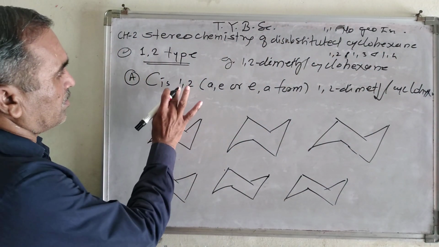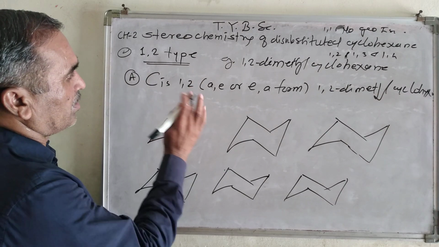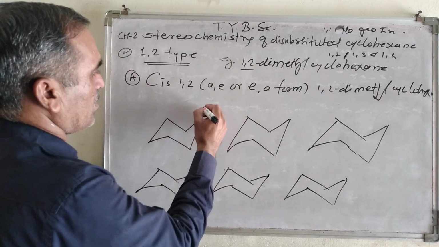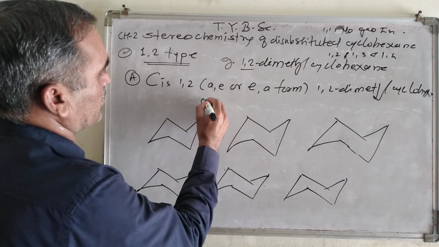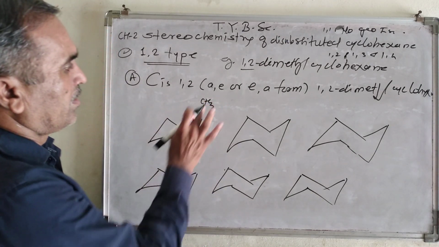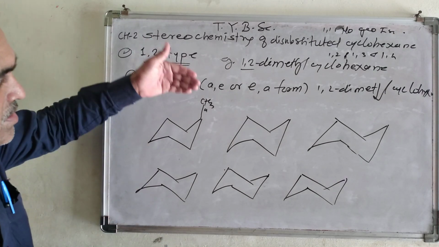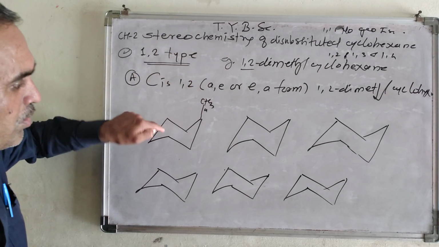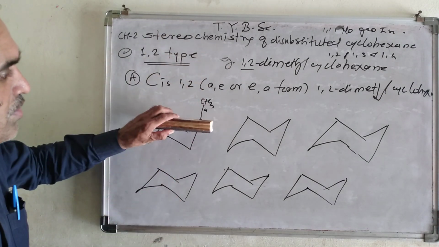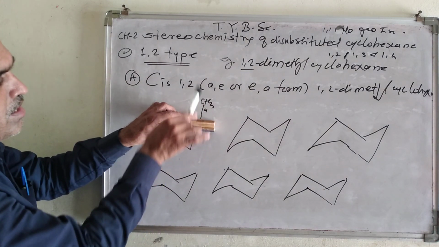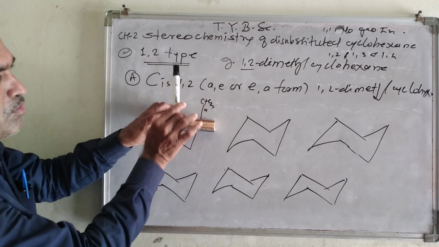Now look here, 1,2 means what? AE form. Suppose one methyl group, CH3, is present over here at the axial position. How? Because this methyl group is exactly perpendicular to the general plane. If I put a duster here, that methyl group is exactly above the plane.